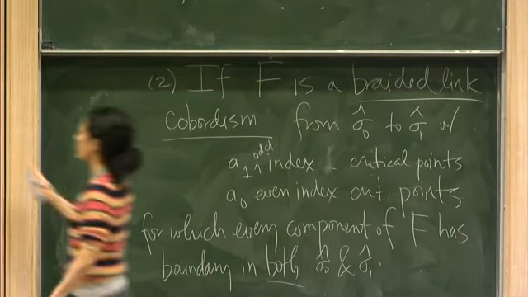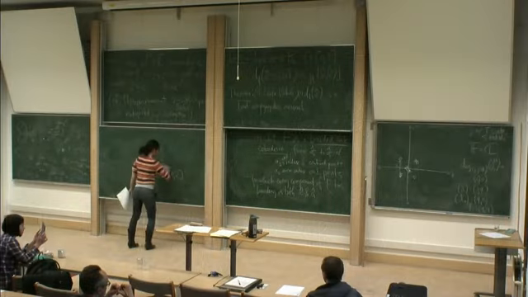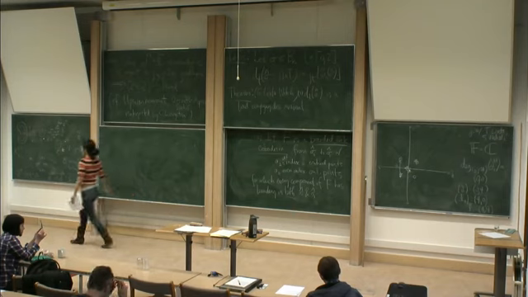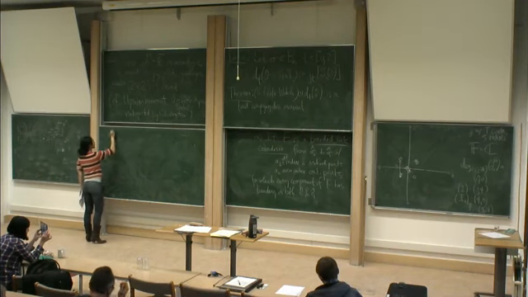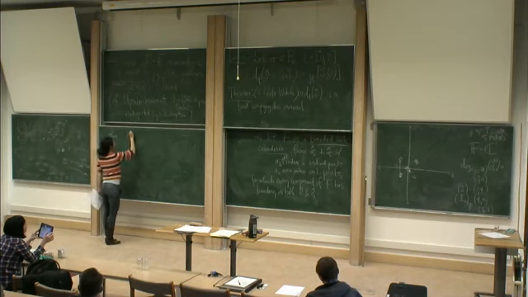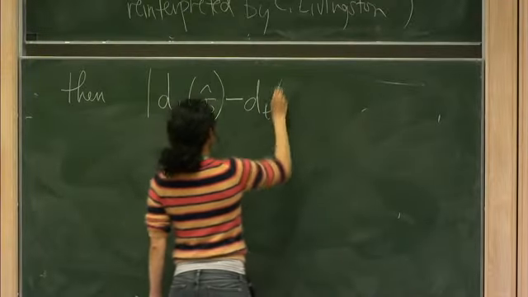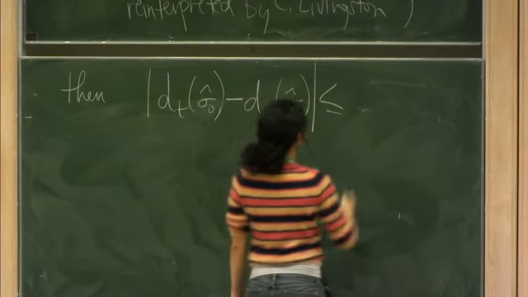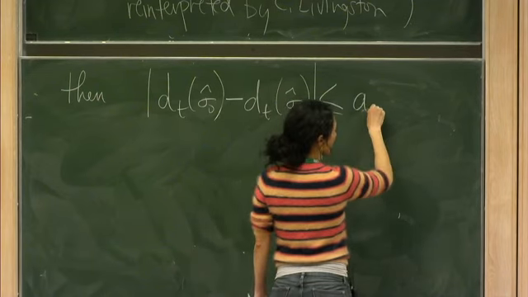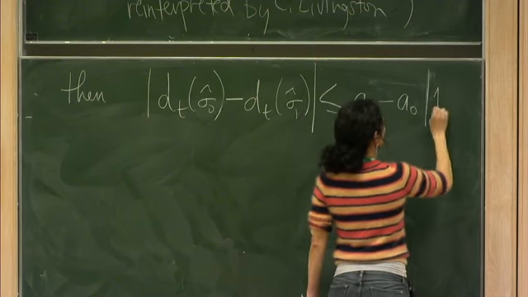Then the absolute value of the difference of the D_t invariants will be bounded above by A1 minus A0 times the absolute value of 1 minus t.